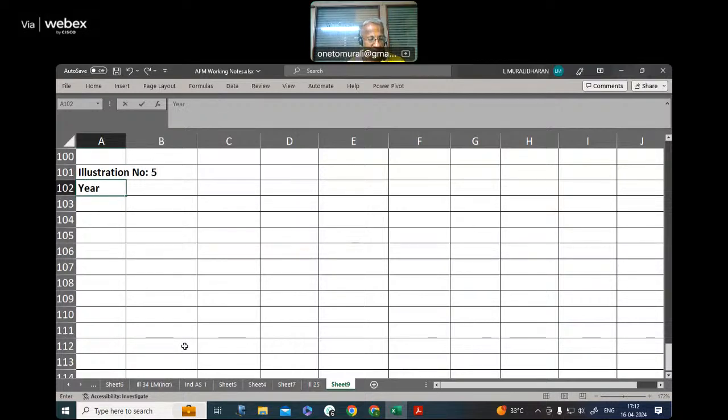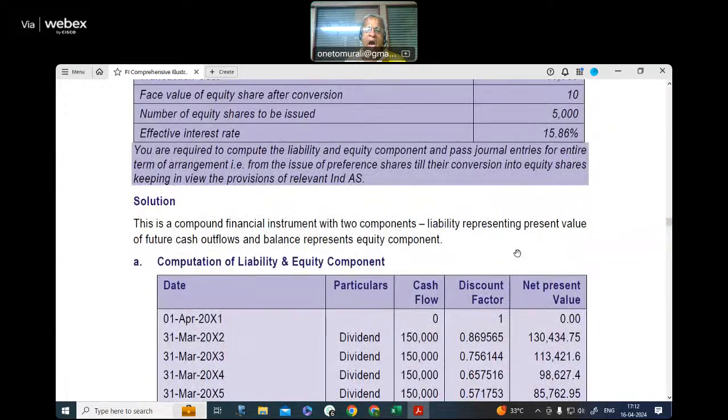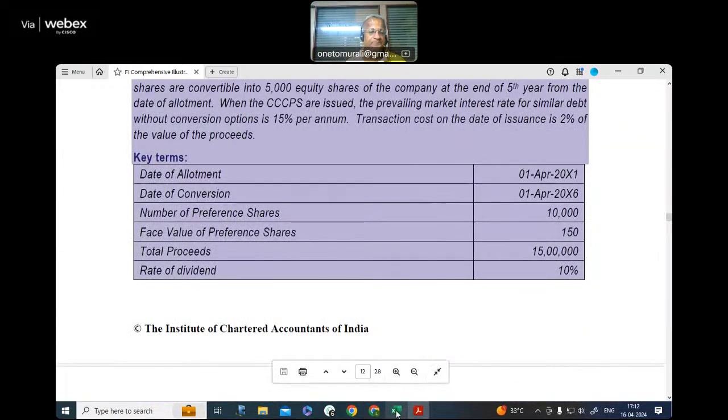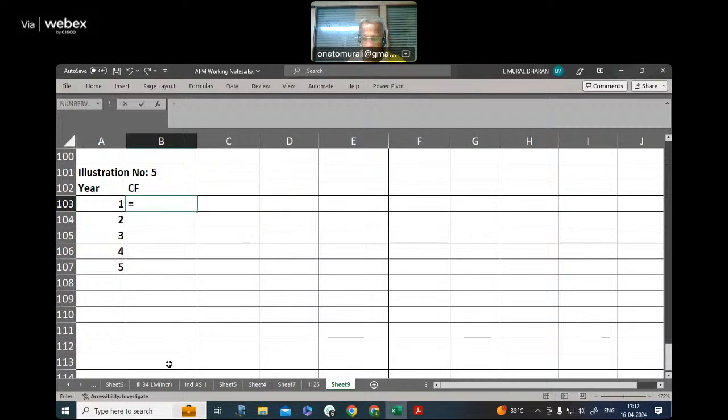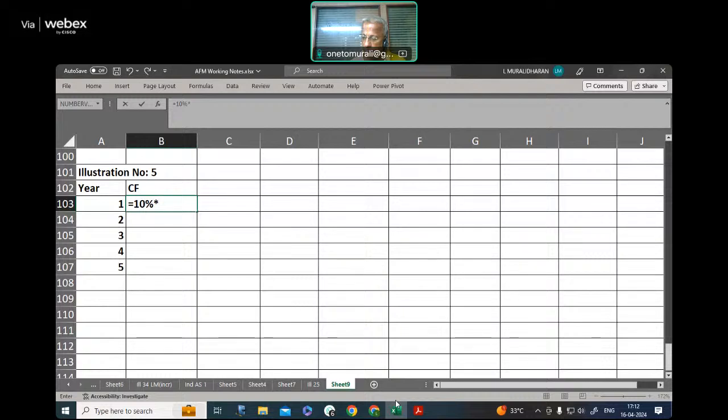So a 5 years project, year number 1, 2, 3, 4 and 5. The cash flow. What is the percentage they have mentioned? The percentage they have mentioned is 10%. Equal to 10% into 10,000 into 150. PV factor at 15%.